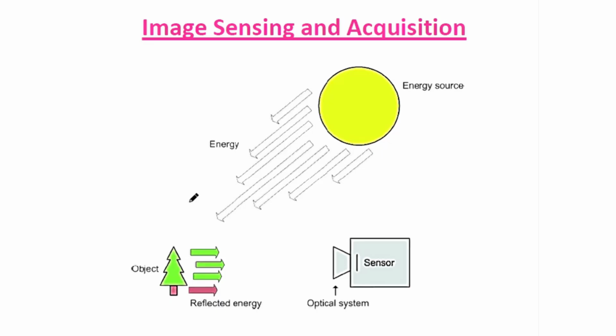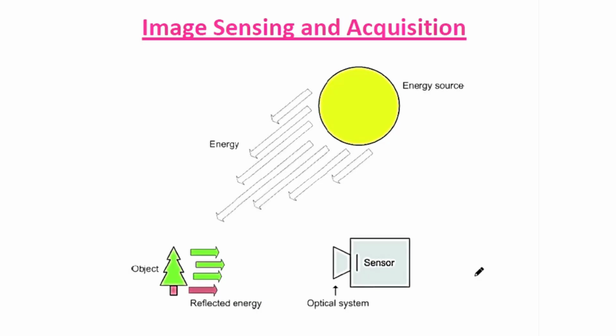When the sunlight illuminates the object, here the tree, some of the light gets absorbed, some gets reflected, and that reflected energy is received by the sensor. This green part of the object is reflecting green light and this pink part is reflecting pink light. The image sensor receives this reflected energy and prepares the image.